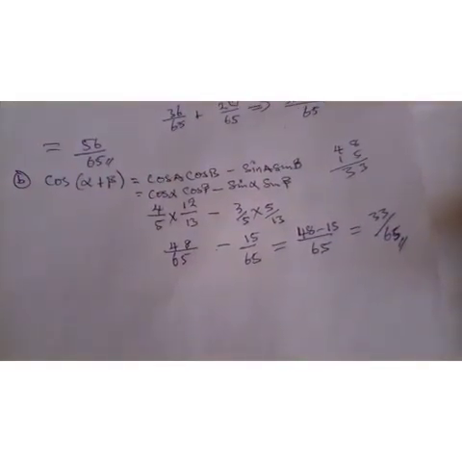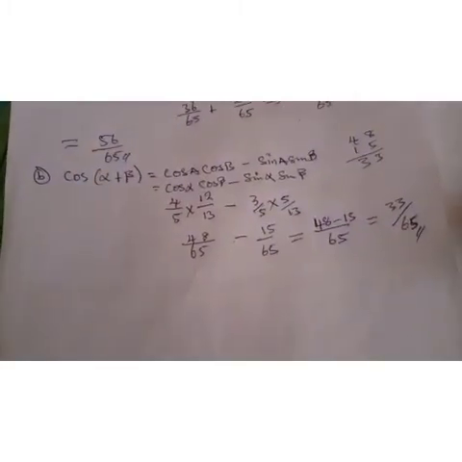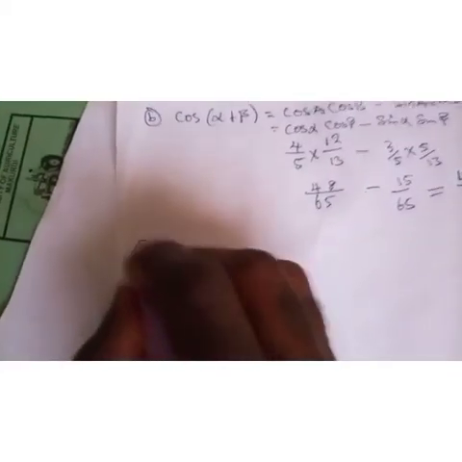So I will solve this part, then leave the rest to you to solve. It's just for you to substitute. Let's try the last part, let's do the F. The F says tan(alpha minus beta).